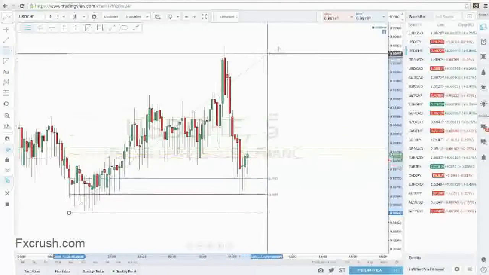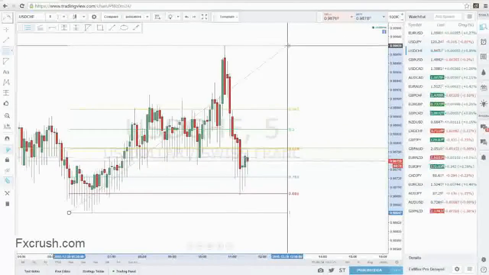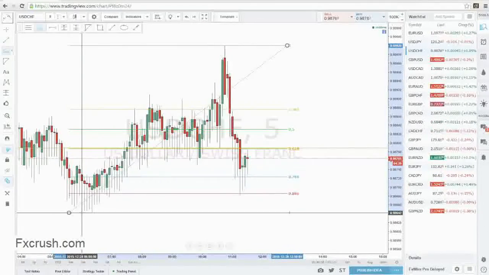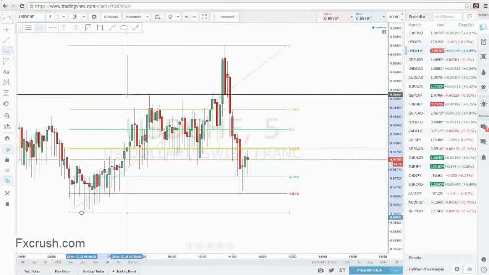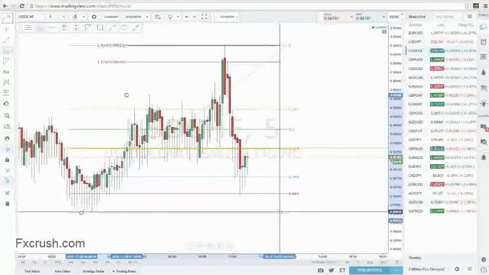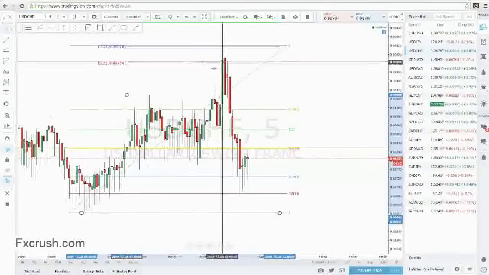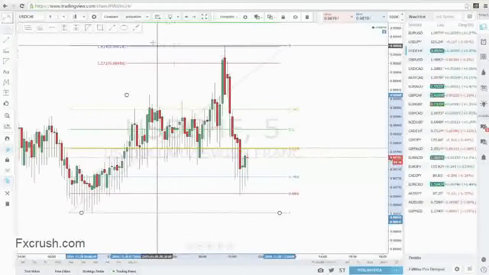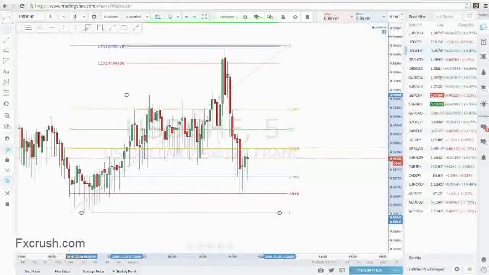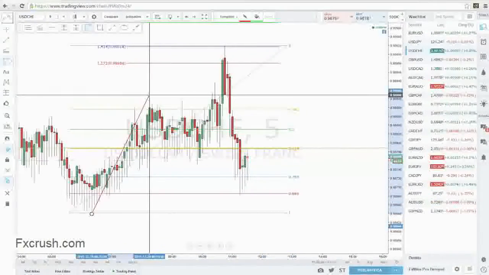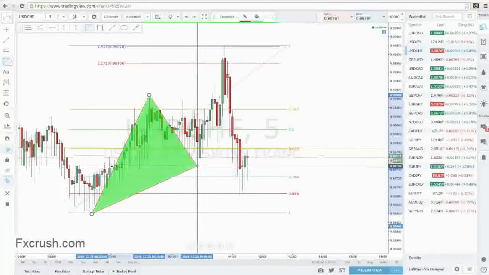And then after that we need a 127 extension from X to A. So we take our extension tool, X to A, back down in, and as we see, this does break above the 127 extension without closing above the 1414 extension. So take our triangle tool, and this is what this cipher pattern looks like.